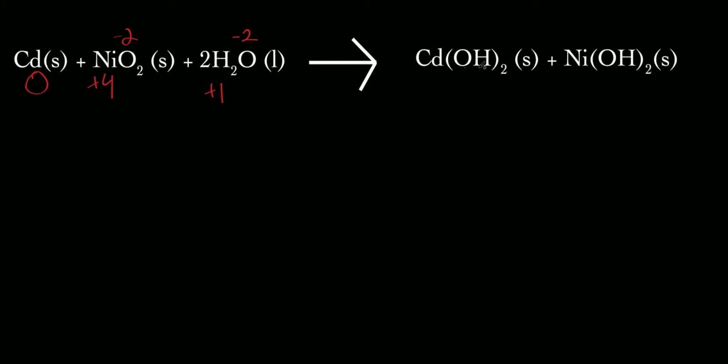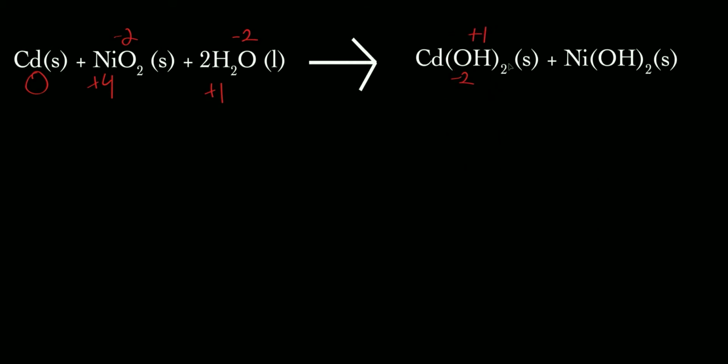Let's look at our products. We have cadmium, we have a hydroxide, oxygen has -2, hydrogen +1. Oxygen has a -2, but we have 2 of them, so we have a total of -4. We have 2 hydrogens, a total of +2, so -2 total from this group.